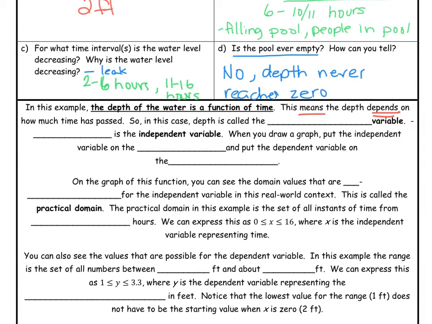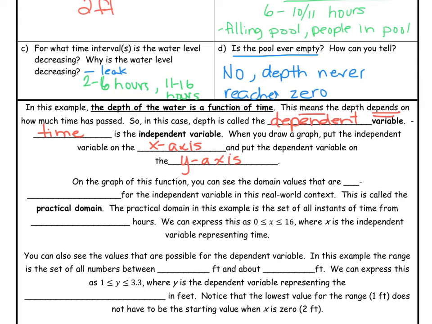So in this case, the depth of the water is the dependent variable, and time is the independent variable. And when you draw a graph, you always put the independent variable on the x-axis and the dependent variable on the y-axis.